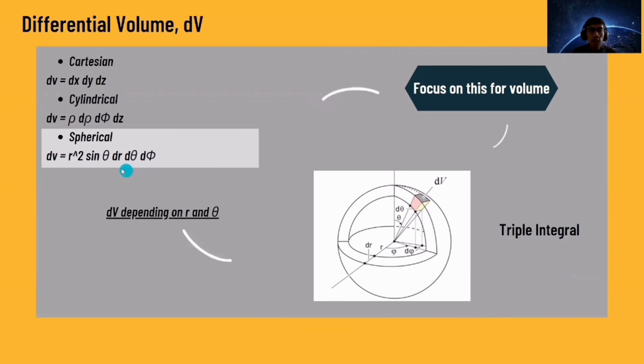To solve the differential volume, we will use triple integration to eliminate these three differential elements. If you have any problem regarding the differential volume, just remember the differential normal area solution, but you will need another integration, because here we have a triple integral, which means integrating three times.